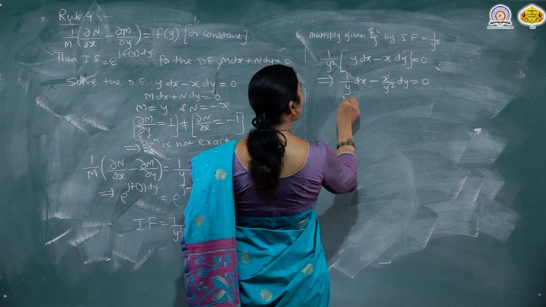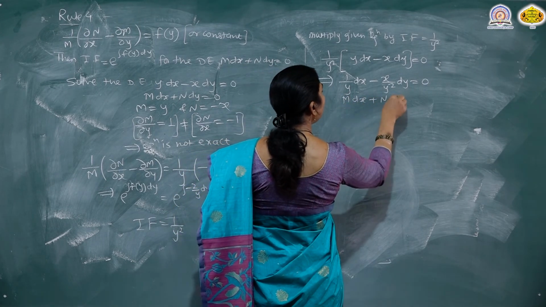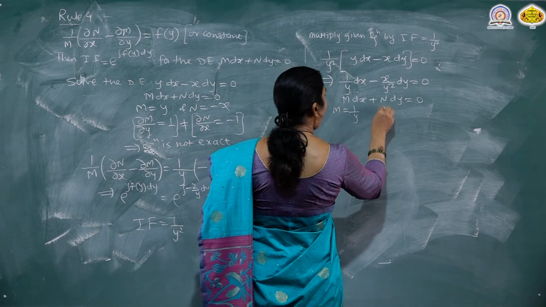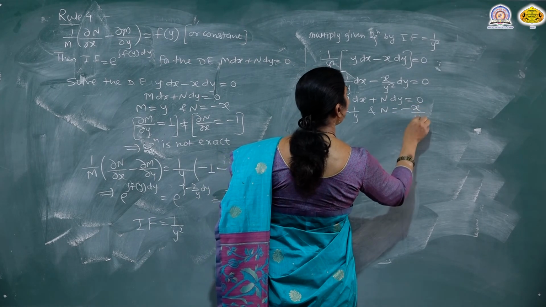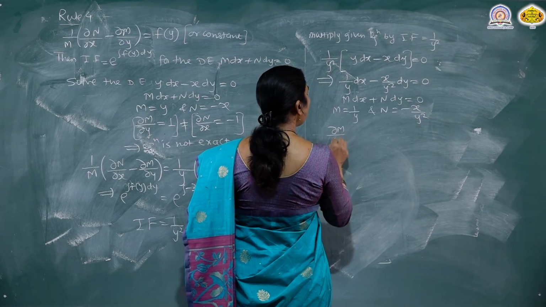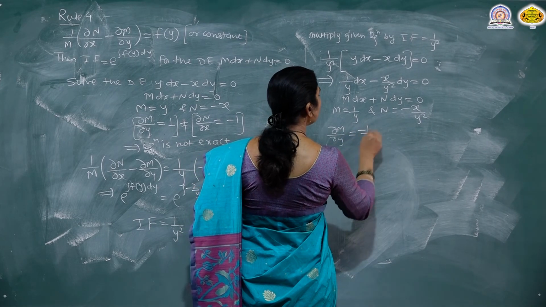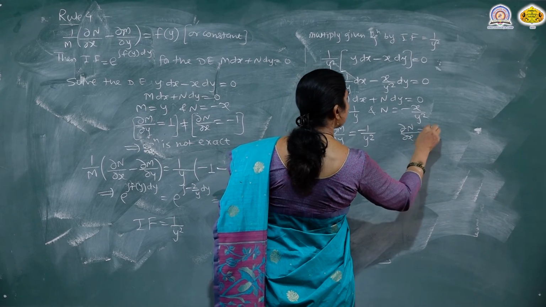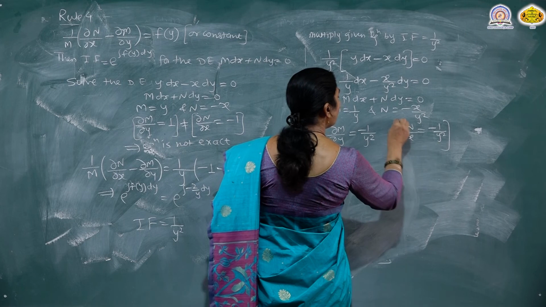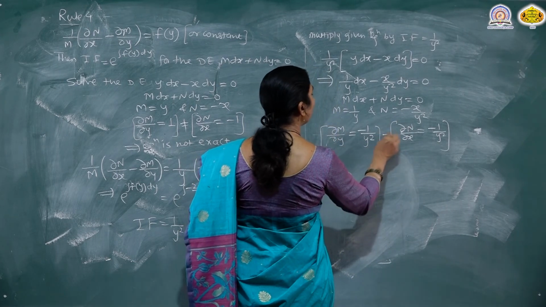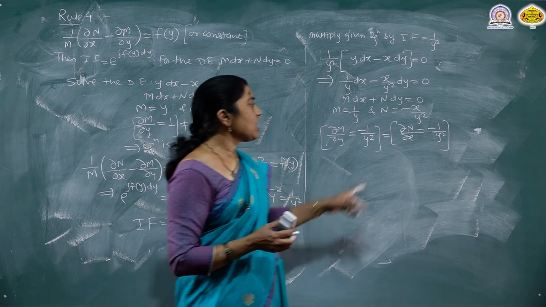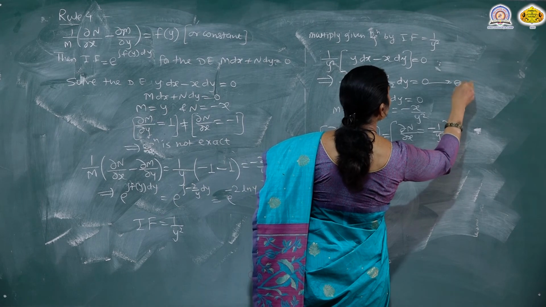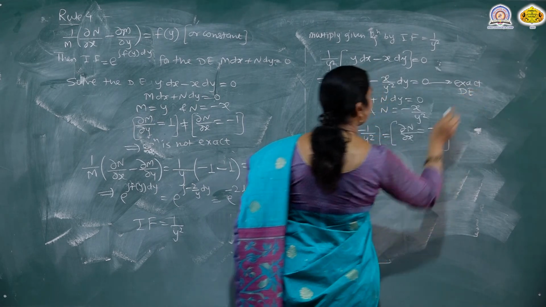If you compare this equation with m dx plus n dy equal to 0, we get m is equal to 1 upon y and n is equal to minus x upon y square, so that ∂m/∂y becomes minus 1 upon y square and ∂n/∂x becomes minus 1 upon y square. Now observe that both values are the same, ∂m/∂y is the same as ∂n/∂x, which implies that this equation becomes an exact differential equation.